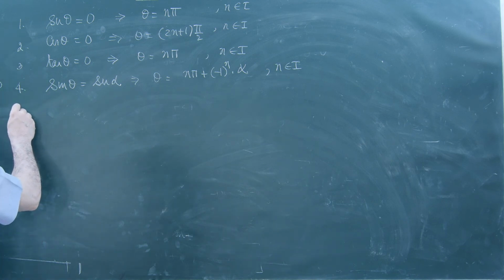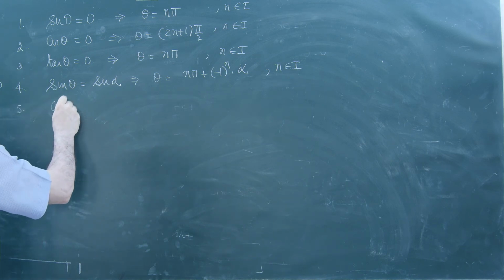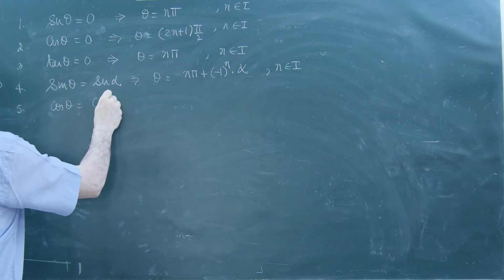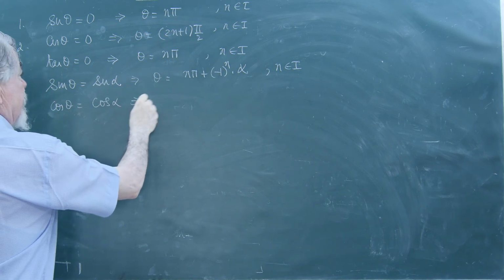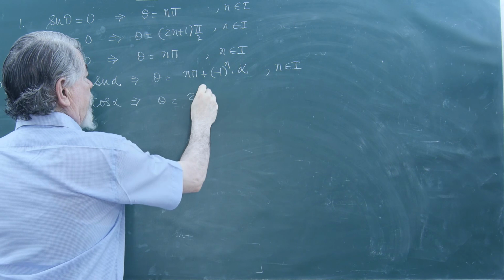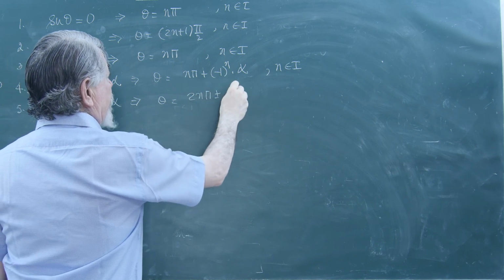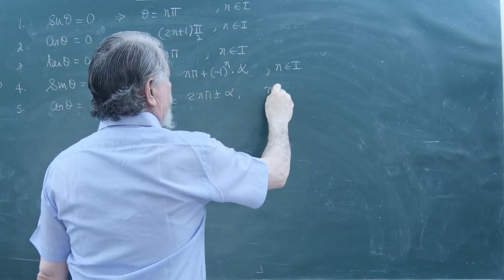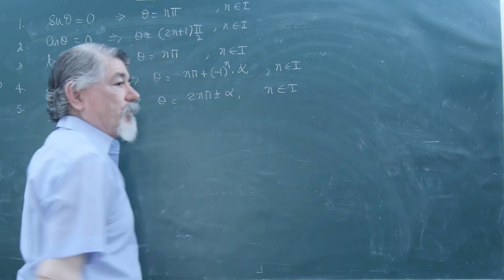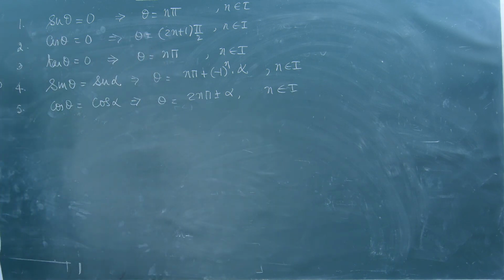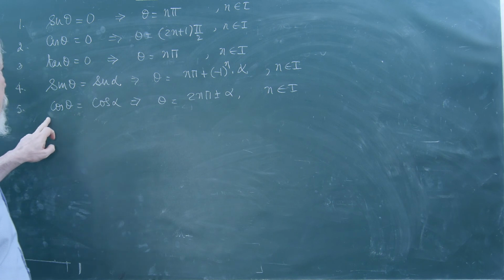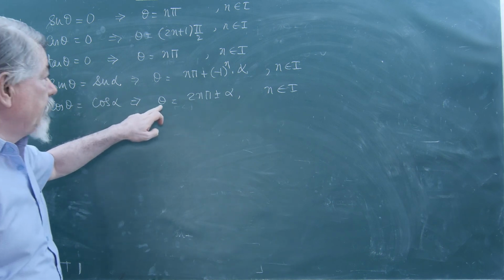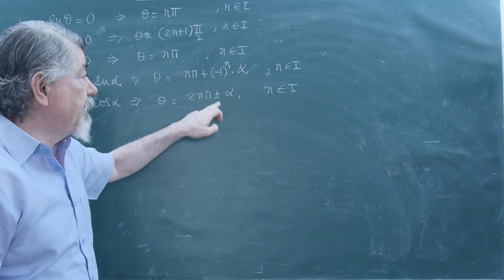Now, the fifth one was cos theta is equal to cos alpha, then we had said theta is equal to 2n pi plus minus alpha, where n belongs to set of integers. It came out to be cos theta is equal to cos alpha implies theta is equal to 2n pi plus minus alpha.